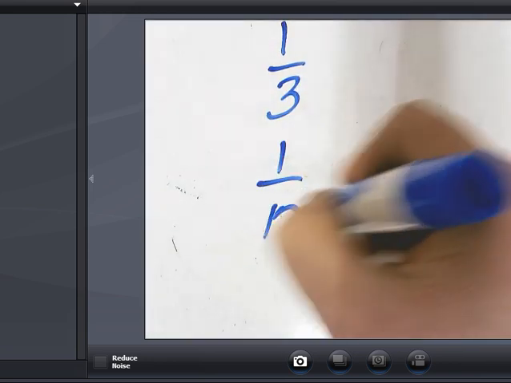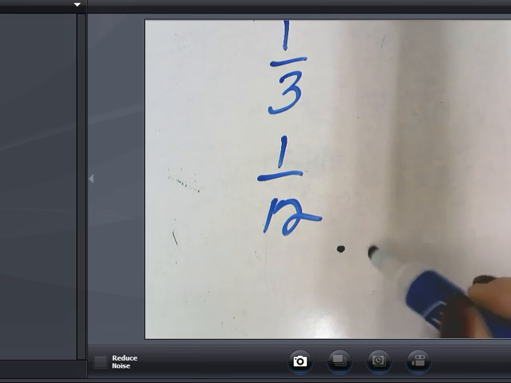So let's just pick any other one. So let's find 1/3 and 1/12. So once again, I'm just going to find my multiples.